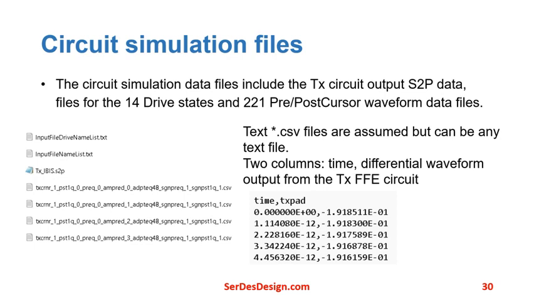The circuit simulation files included the transmit circuit output S2P data files for the 14 drive states and files for the 221 precursor postcursor waveform data files. The text files are assumed, but they can be any text file provided they have just the 2 columns shown here.